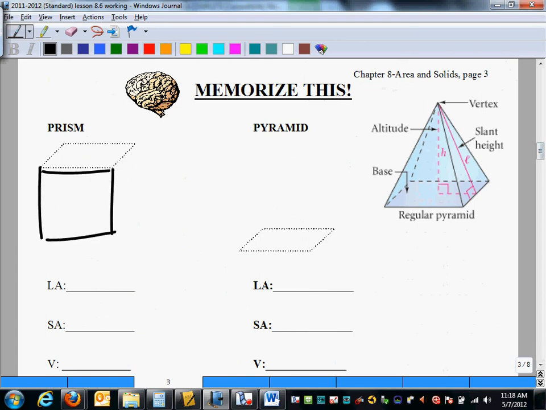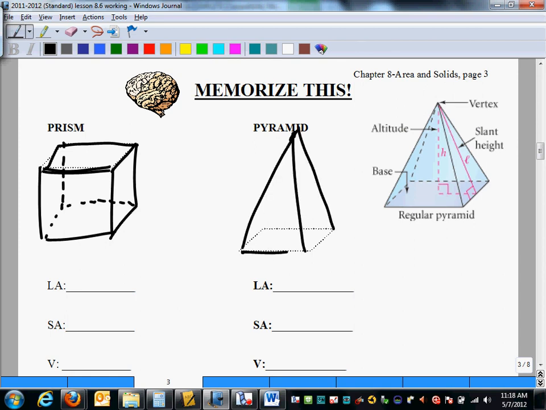Draw ourselves a prism. And a pyramid. A cube is a prism. Technically, it's a square-based prism.